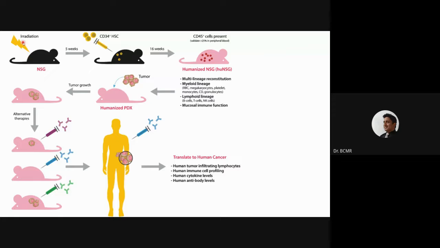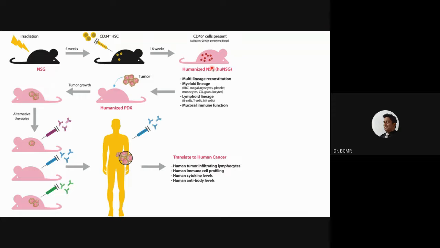They do irradiation of the bone marrow, removing the bone marrow, and after 5 weeks they inject human hematopoietic stem cells. After about 16 weeks, the human hematopoietic stem cells will start developing several cells from the human, and now we have a humanized NSG.